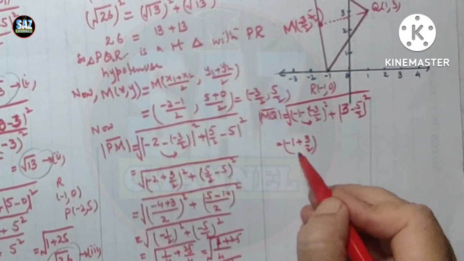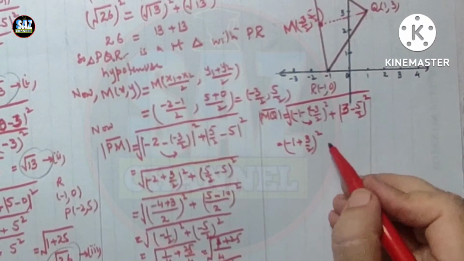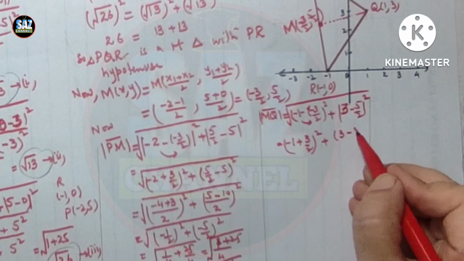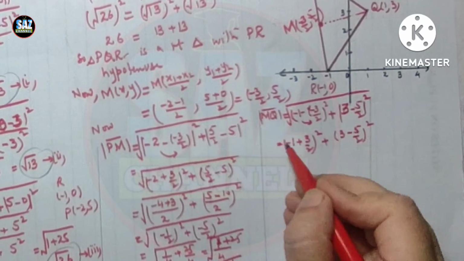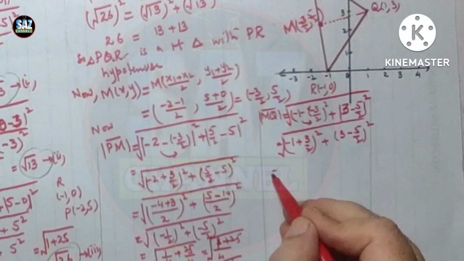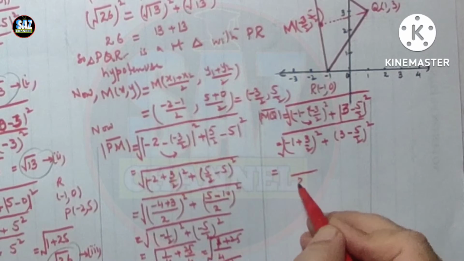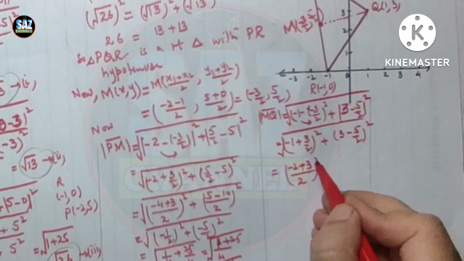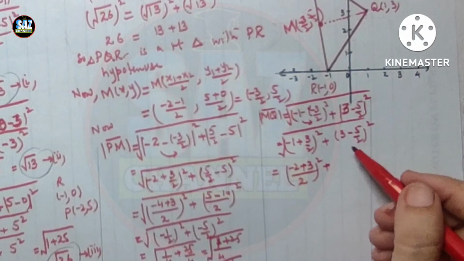So I will be solving this in the next part in order to give symmetry to the working. Now take the LCM here. 2 minus 2 plus 3 whole square plus 6 minus 5 whole square.